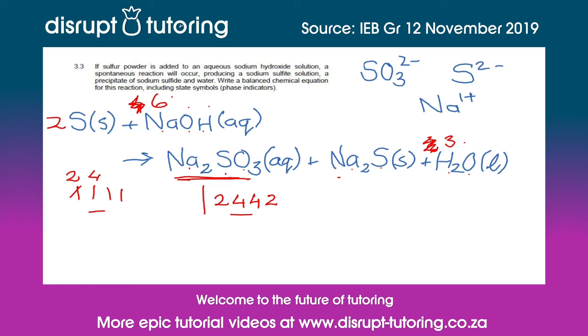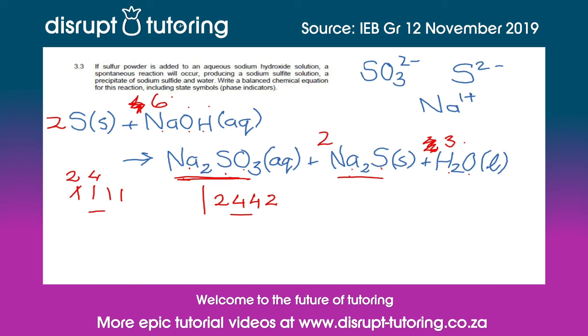So now what we need to do is look at this term and see how we can balance the sodium on the left-hand side and the right-hand side. So we have 6 on the left-hand side, and we have 2 in the first term, and we only have 2 in the next term, so we can multiply this term by 2.